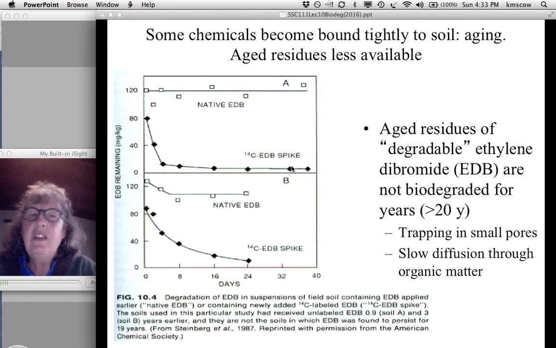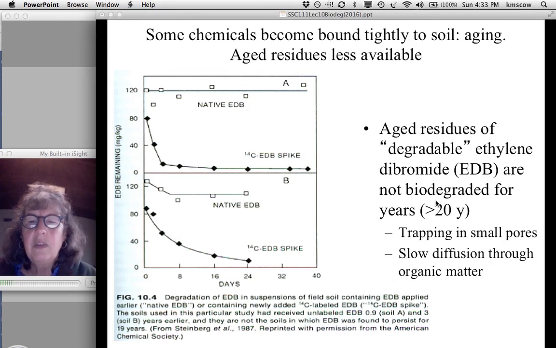So you had this big difference between recently added ethylene dibromide and this native stuff that was around a long time. And they found that if they took a mortar and pestle and ground up this soil that had the ethylene dibromide in it, they could actually get it to degrade. Not all of it, but they could get more of it to degrade.